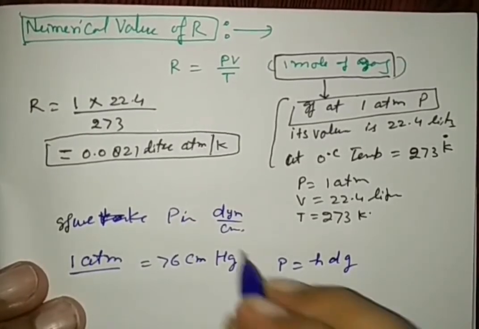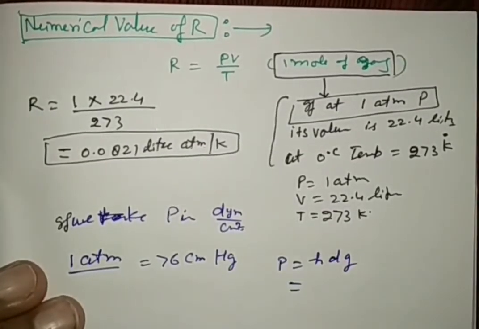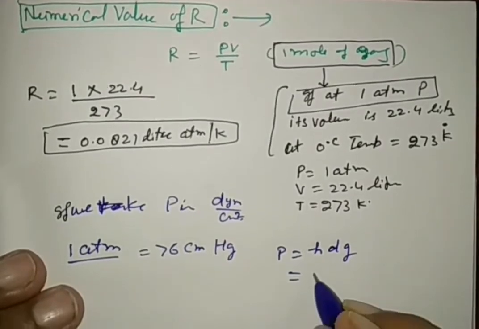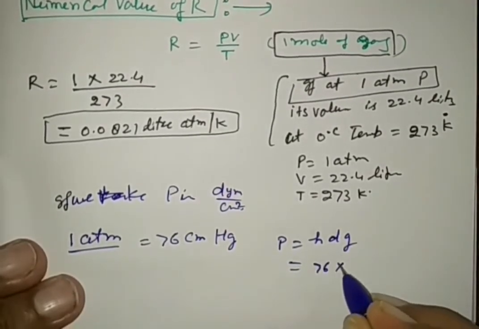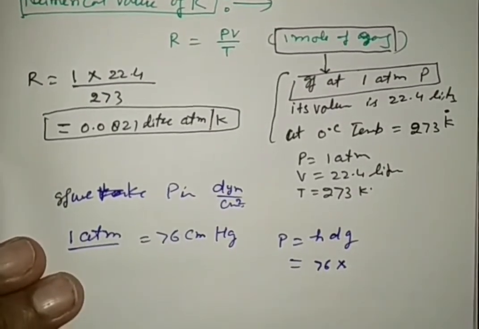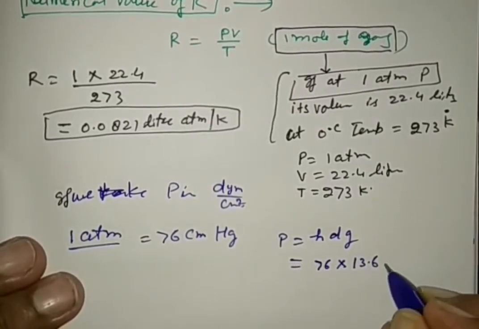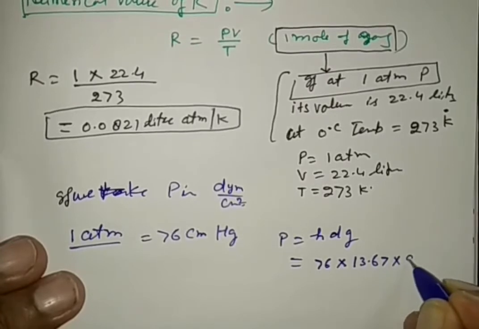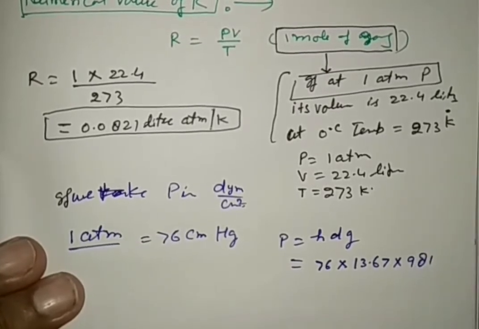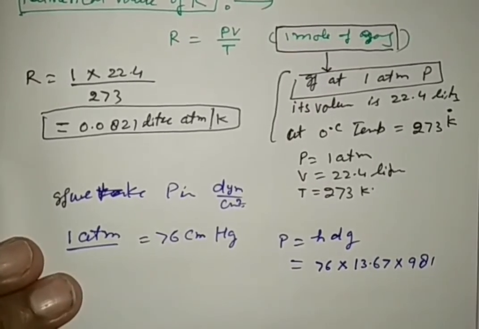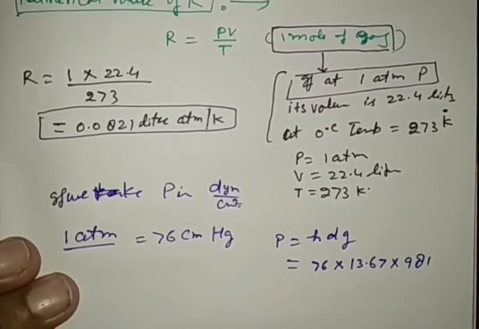In the CGS system, pressure in dyne per centimeter square: height is 76 centimeter, density of mercury is well known, 13.6, and the value of g is 981 centimeter per second square.